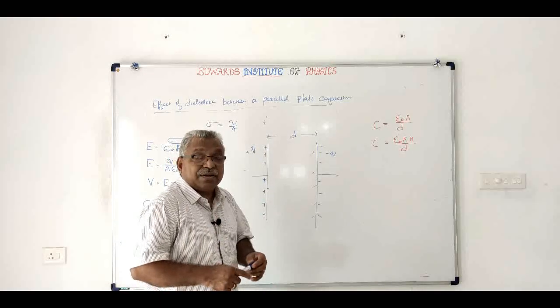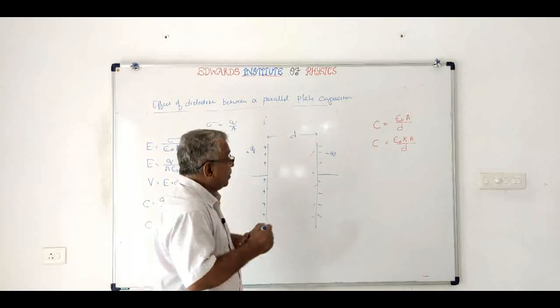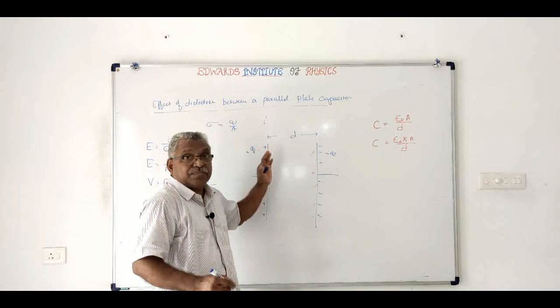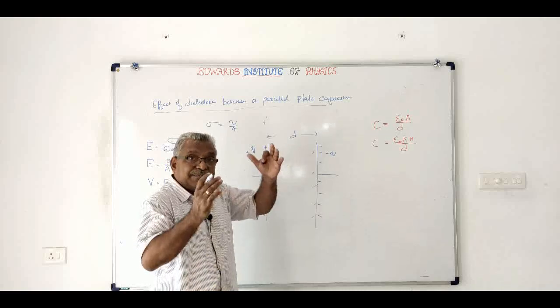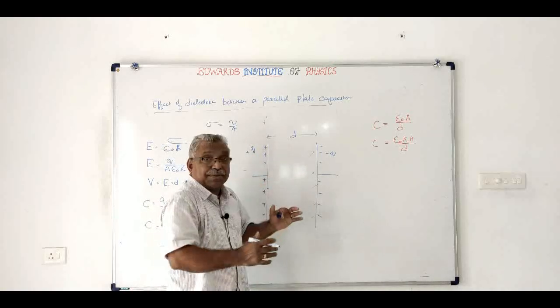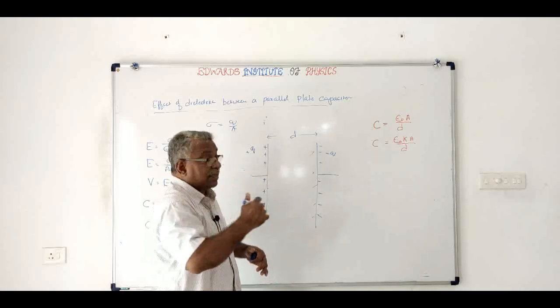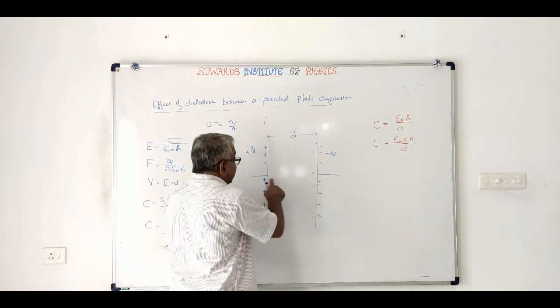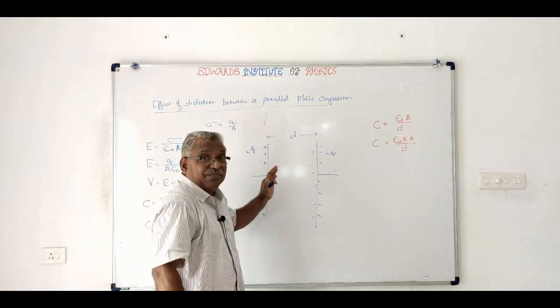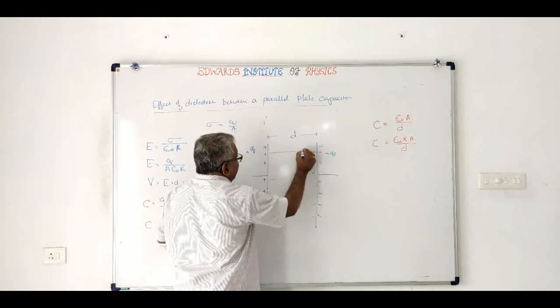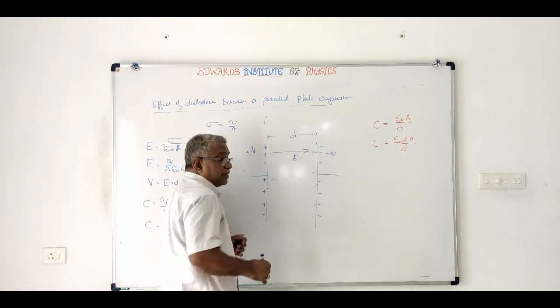And what I said earlier in the earlier video, when the charge increases, what will happen? This plate is having a capacity, so it will start to discharge. That discharge happens because the electric field intensity is getting more and more. When you charge, the electric field intensity E will also increase.